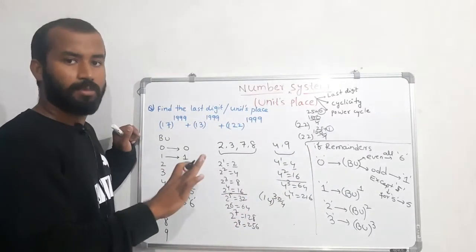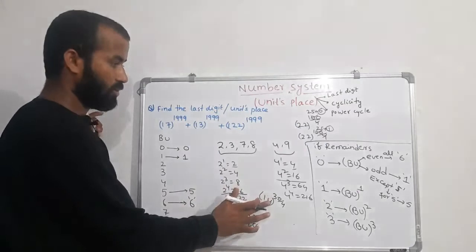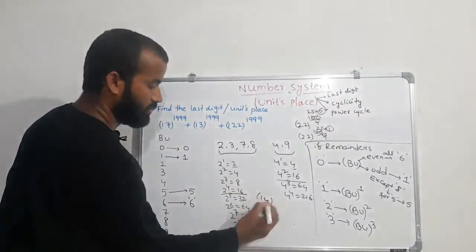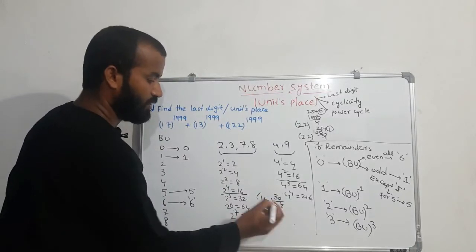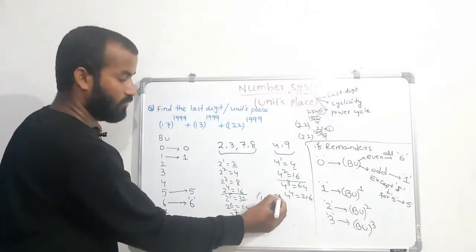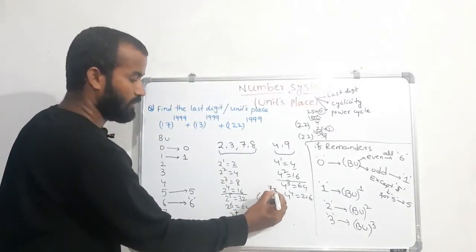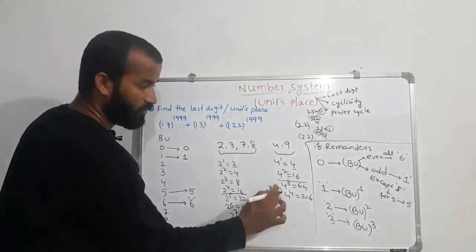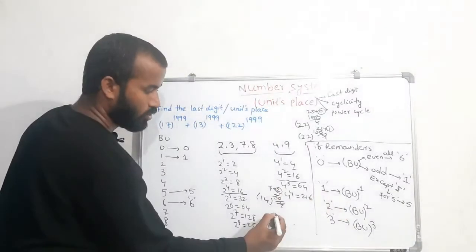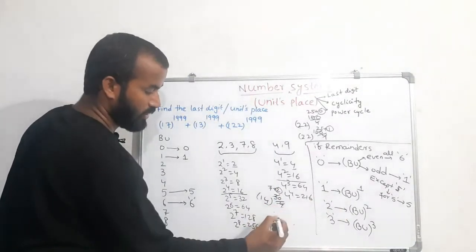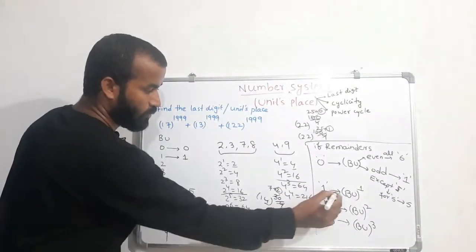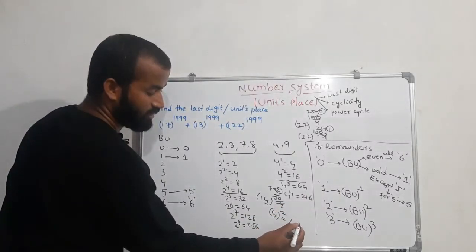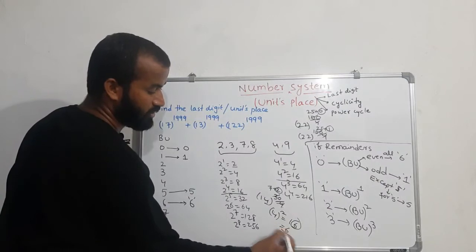Okay, behavior will be same. Now 14 power 30. If I divide with 4, what I am going to get? 4 1s are 4, 7s are 28. 2 will be the remainder. Okay, so if remainder is 2 means what I have to do? 2 power, what is the base unit I have to see? Base unit is 4. 4 power 2 I have to make, so 16. So in 16 what is the units place? 6. So 6 is the answer.